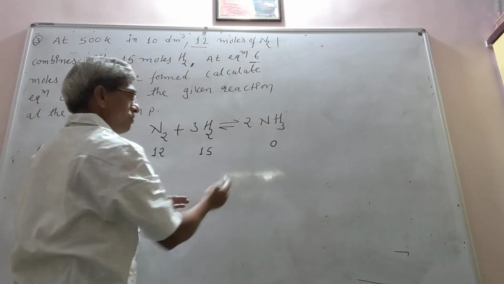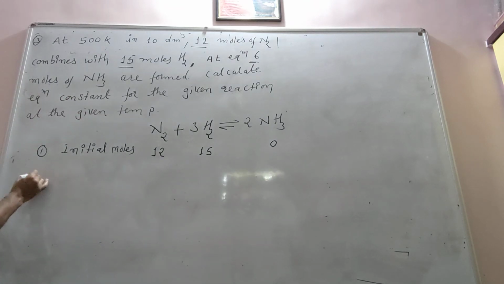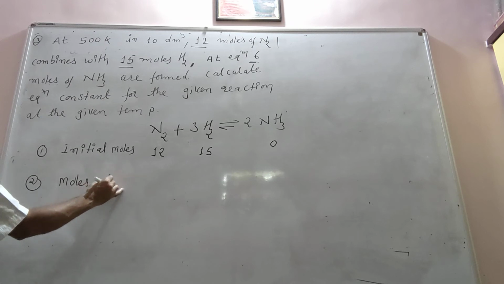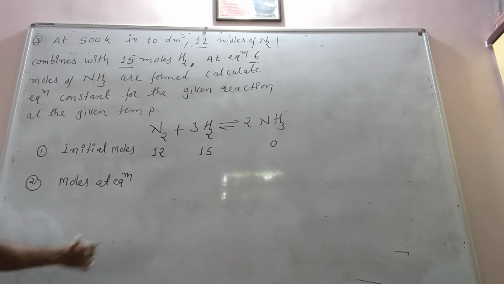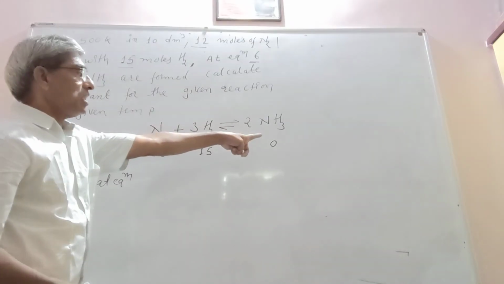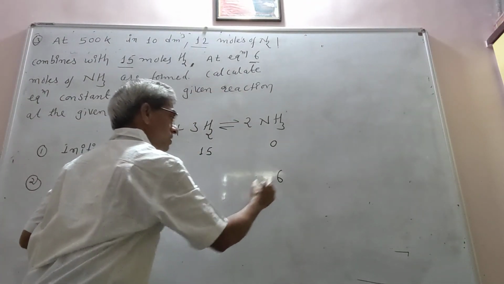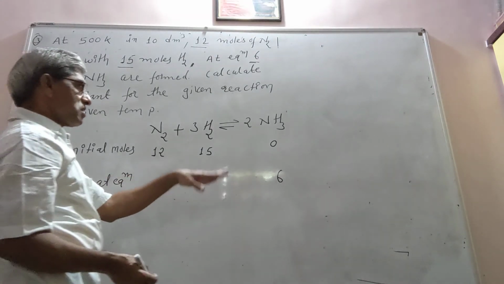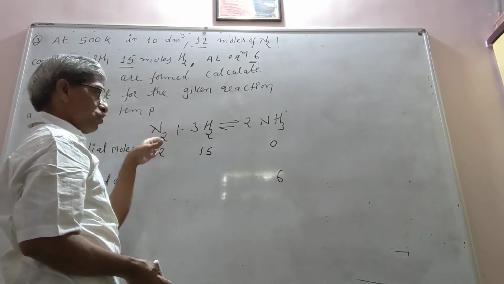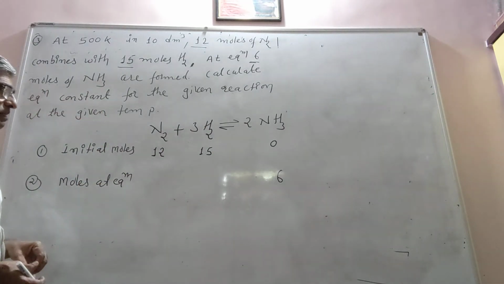Product, no product is found, 0. Second point, moles at equilibrium. Directly, moles of ammonia at equilibrium are given, 6. And from 6, our aim is to calculate these two. How many moles left? Right?